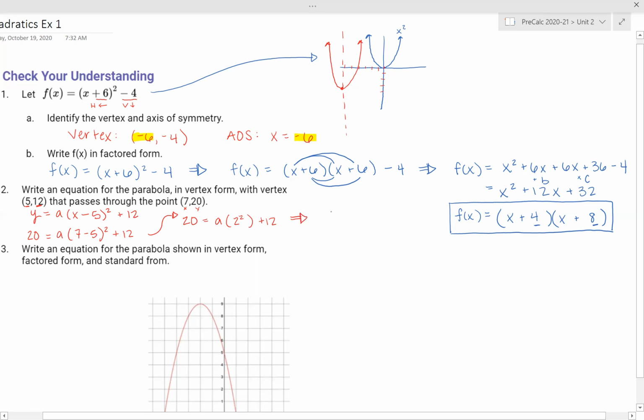And that gives me 20 equals 4a plus 12. Subtract that 12, we get 8 equals 4a. Divide by 4, 2 equals a. So my vertex form would be y equals 2 times (x minus 5) squared plus 12.